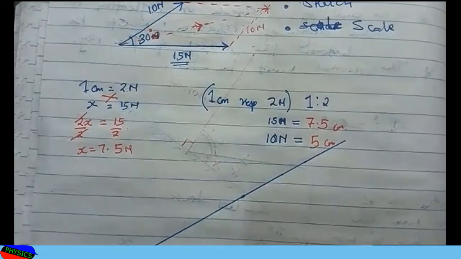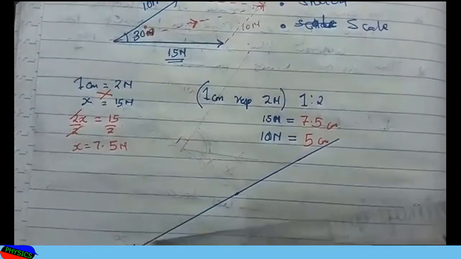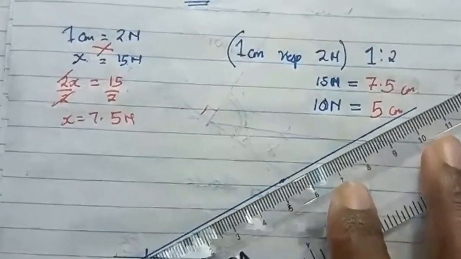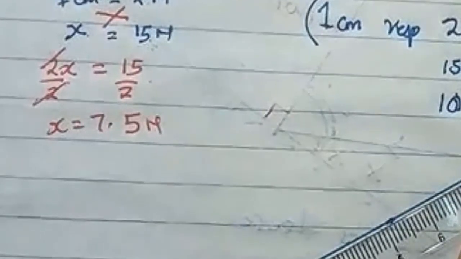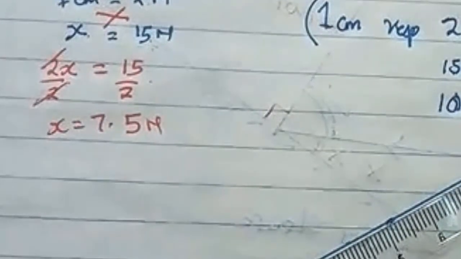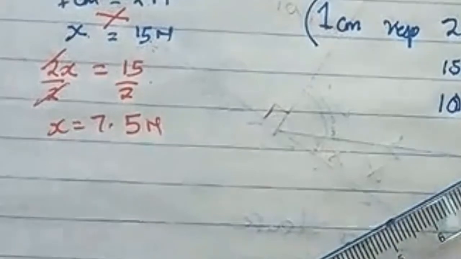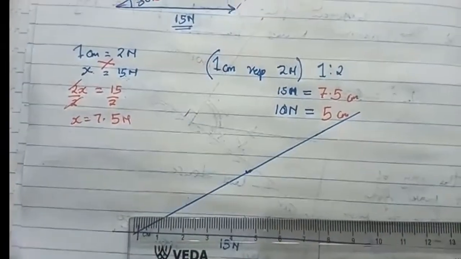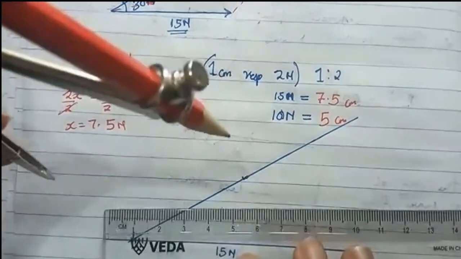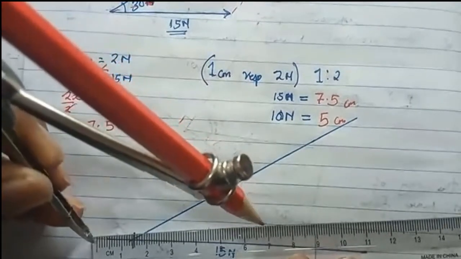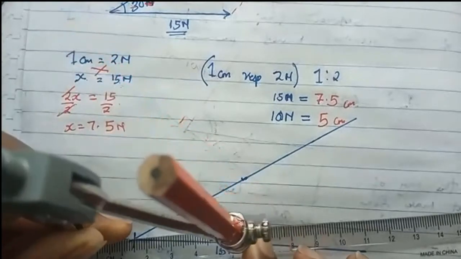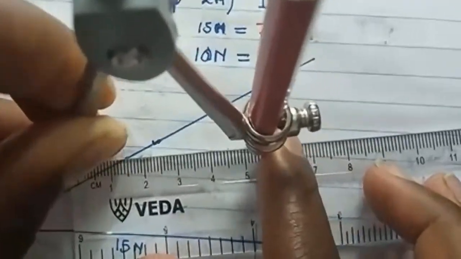So again, I'll come with my ruler. Most of us just press on our ruler like this and mark where 5 is. That's one method to do it. I can press my ruler reading from the first point where my 5 is. Or I can pick my compass and press from 0 all the way to where 5 is.